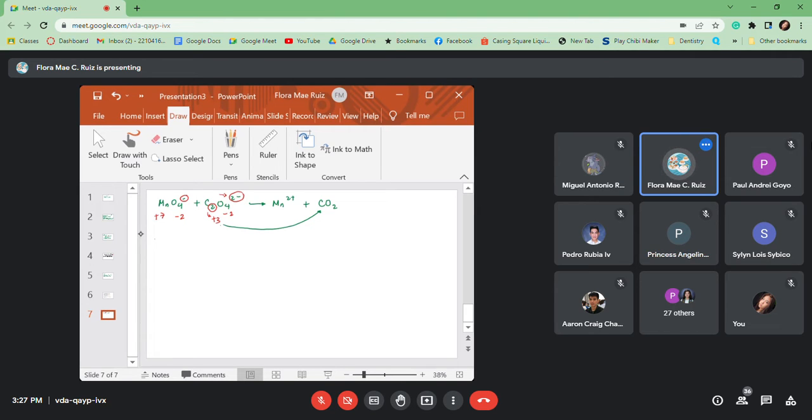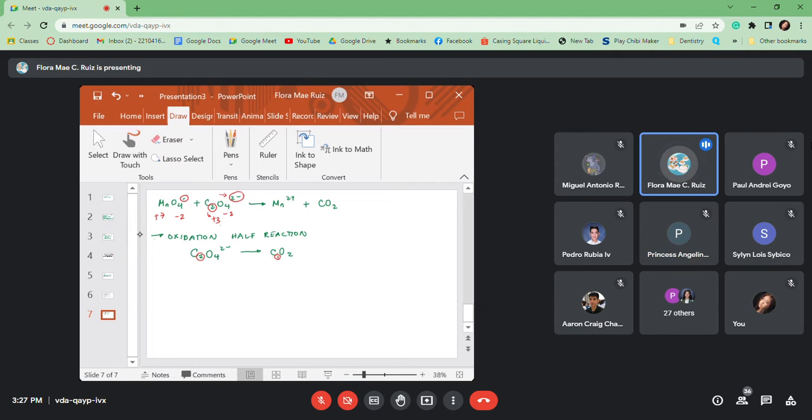Okay, so C2O4 is your oxidation half reaction. All right, so we copy it. C2O4 2 minus yields CO2. To balance the carbon, you see that we have 2 carbons here, but only 1 carbon here.